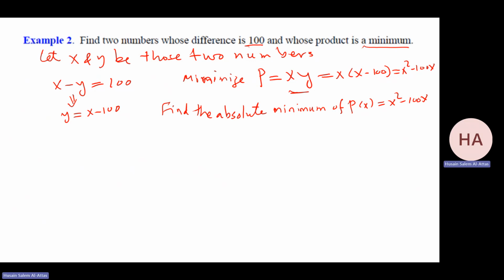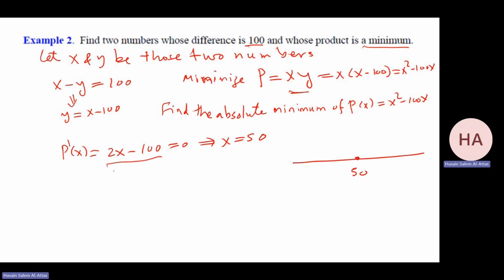So I will find p prime. That will be 2x minus 100, make it equal to 0. So I have x equal 50. If you have the sign diagram, that will be 50, and this is the function 2x minus 100. That will be my p prime.